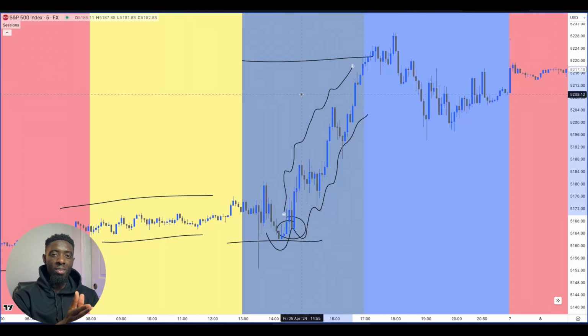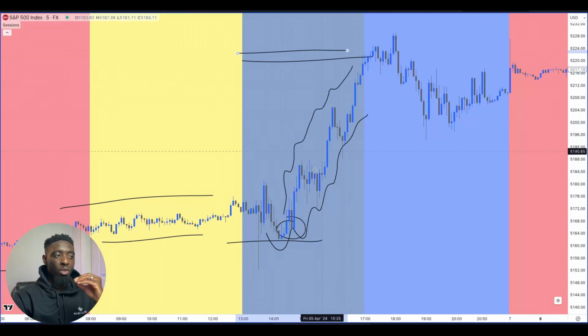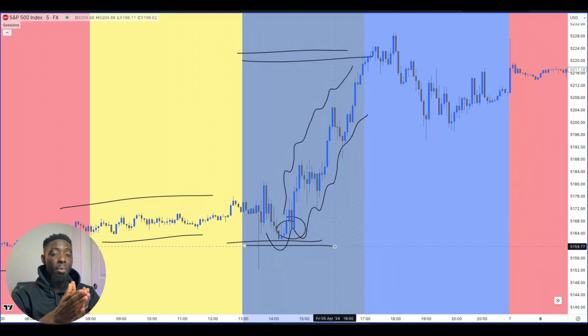So the fundamentals again is just guiding you, telling you that during this period of overlap there are high impact news events that are usually released. So when you combine this period where you have the London traders and the New York traders, the overlap, with the fundamentals, it's going to give you the best spot.